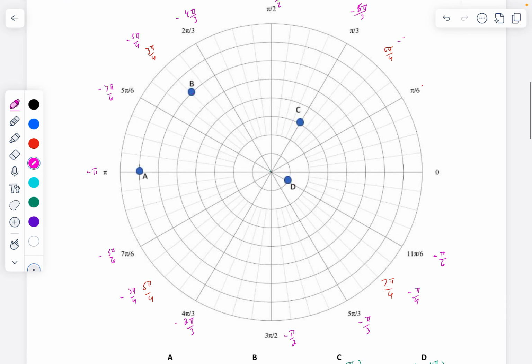Negative 7 pi over 4. I think I wrote 2 negatives there, so let's go ahead and get rid of that. And let's see. We have negative 11 pi over 6, and then we're back here at 0. You could say negative 2 pi. All right.